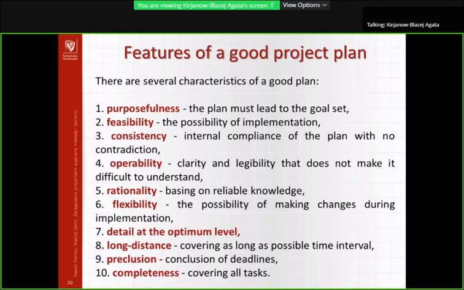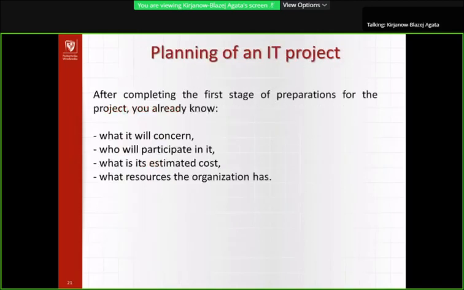After completing the first stage of preparation for the project, you already know a few things: what it will concern, who will participate in it, what the estimated cost is, and what resources the organization has.